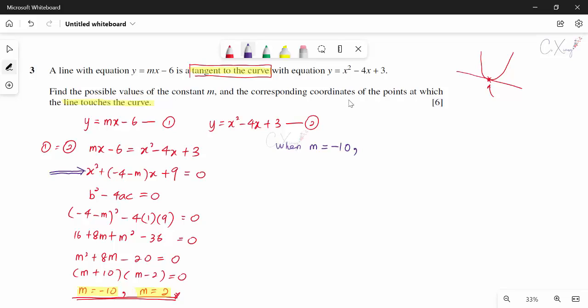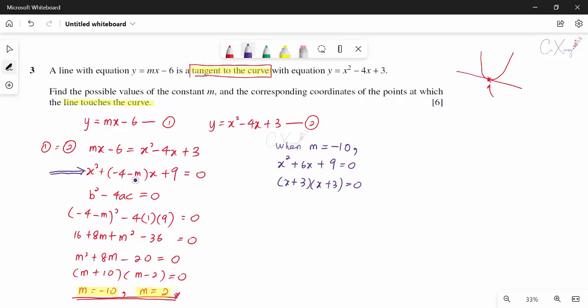So when m equals to 10, negative 10, sorry. So for this particular equation here, substitute m equals to negative 10 here, you will get the quadratic equation, which is x squared plus 6x plus 9, which is equals to 0. So if you try to factorize it, you should have one value of x only.